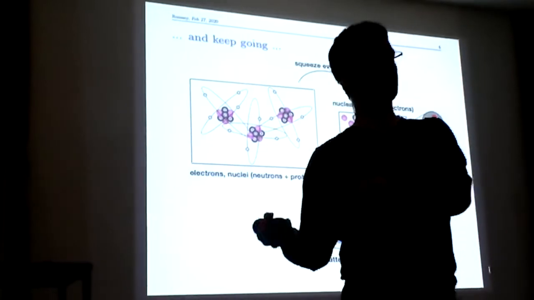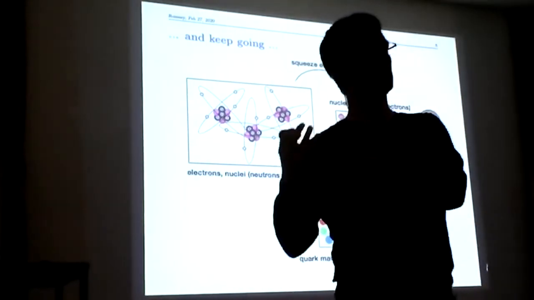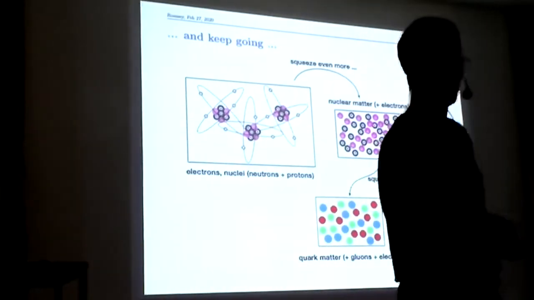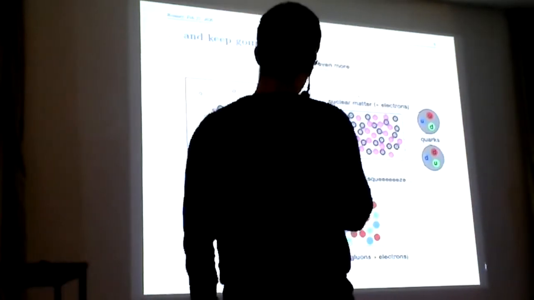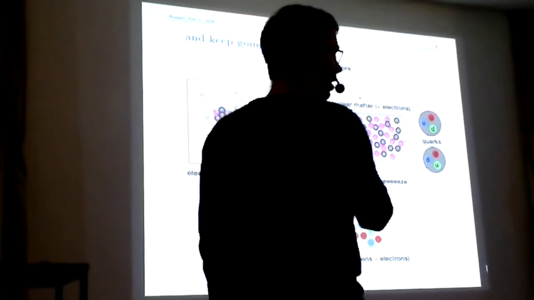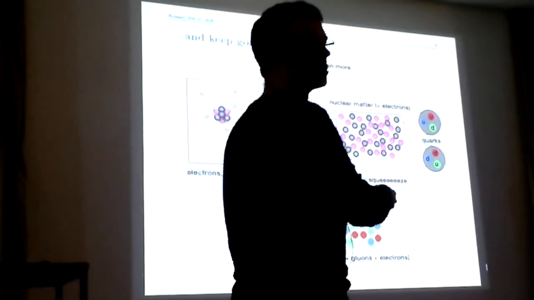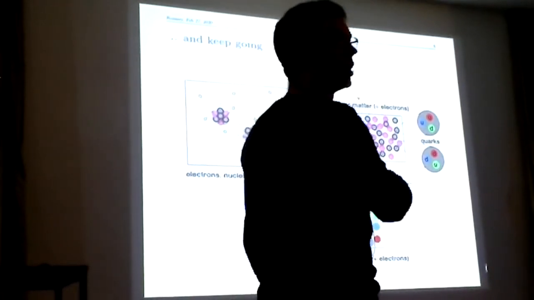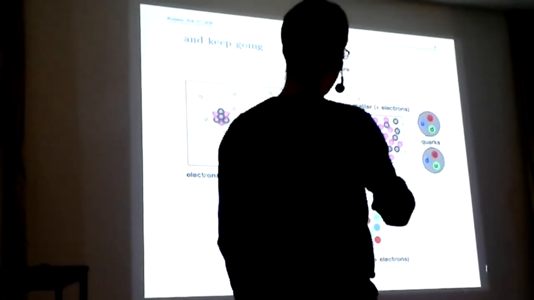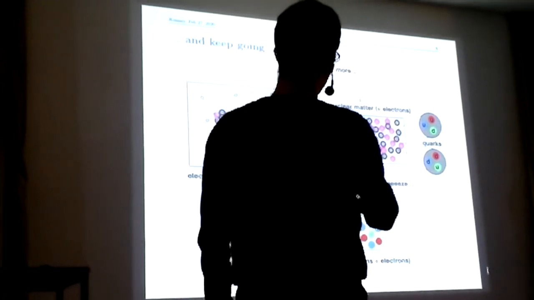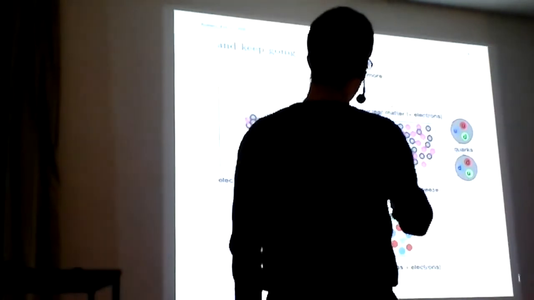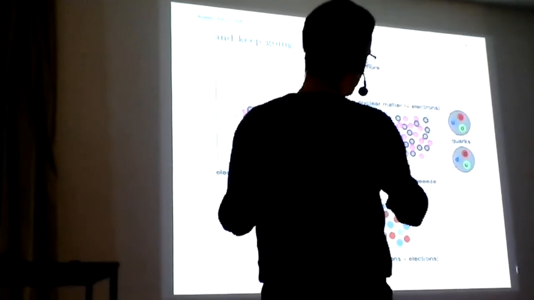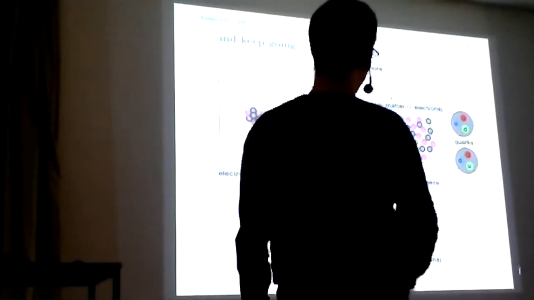Whether I start from a metal or a gas or wood or whatever, that's encoded in that structure. But if I squeeze so much, all this structure is lost. You could start with anything you want. If you get to that level, it doesn't matter what you started with. Okay? So this is what I will refer to as nuclear matter. It's just this soup of neutrons and protons and also electrons, which for simplicity I haven't shown here.